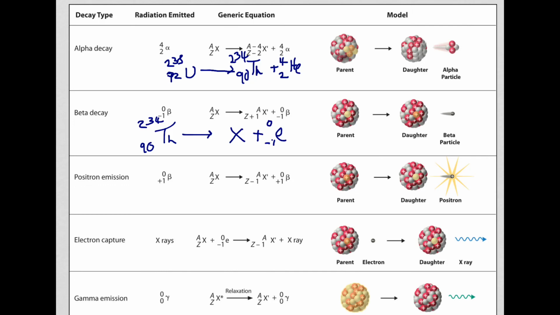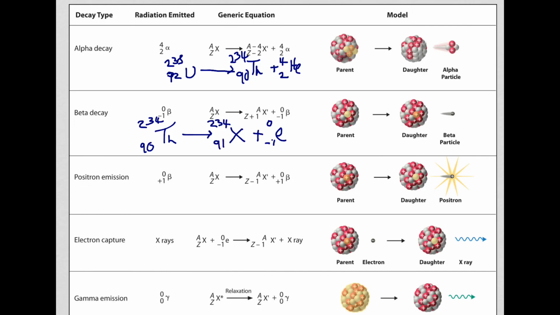Then I've got to make the numbers match up again. So if I look at the top, I've got 234. Something plus 0 gives me 234. Well, that's not difficult maths, is it? 234 plus 0 gives me 234. Something minus 1 gives me 90. Well, that must be 91 then, isn't it?